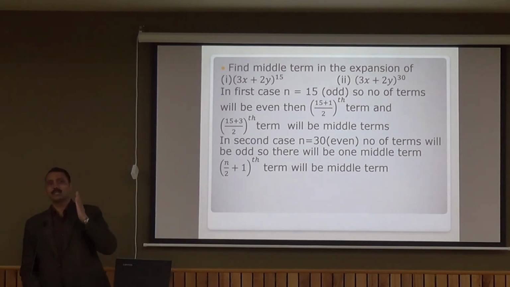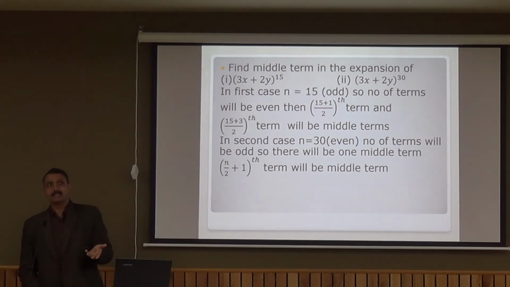The total number of terms will be one more than the index. Now, what will be the general term? The general term will be T(r+1) = nCr x^(n-r) a^r. That will be the general term.